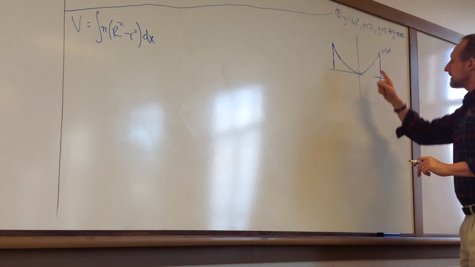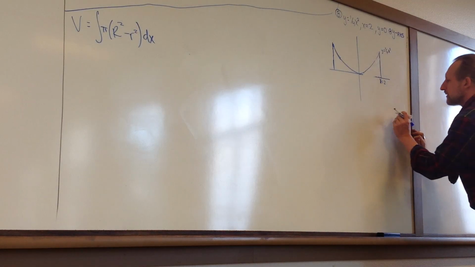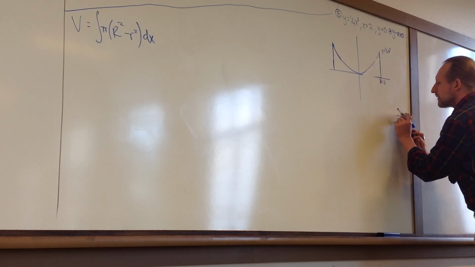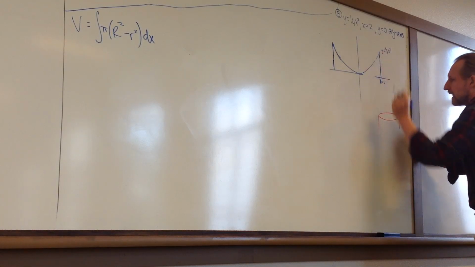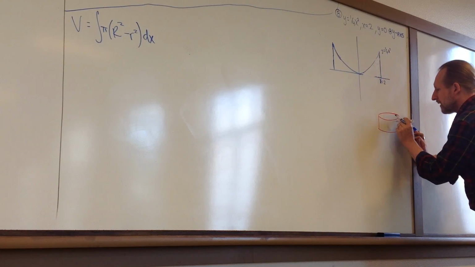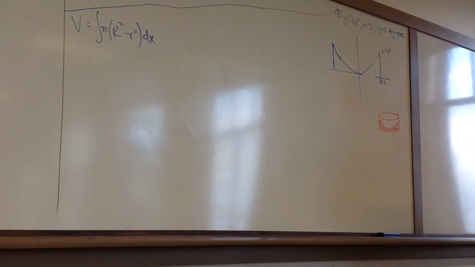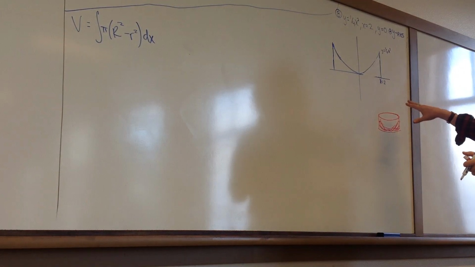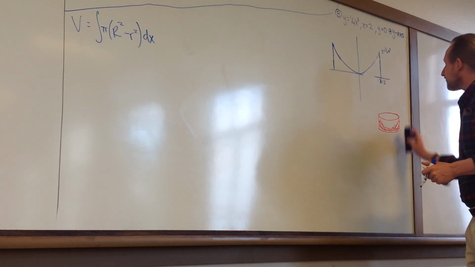If this thing is getting rotated in 3D, it's going to be a cylinder with straight sides, right? Except that in the middle of it, you're going to have this big gaping hole. All of the volume is going to be on the edges there, okay? And we'll notice something interesting about this when we finally make the calculation.